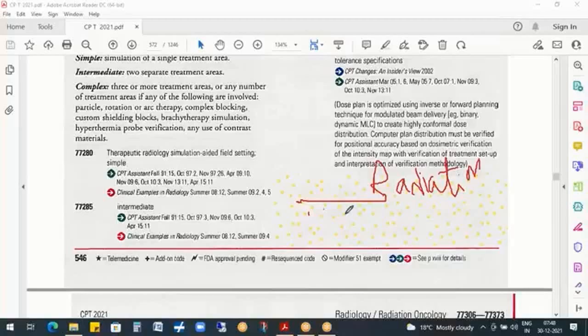Two different areas, intermediate. Three different areas, complex.